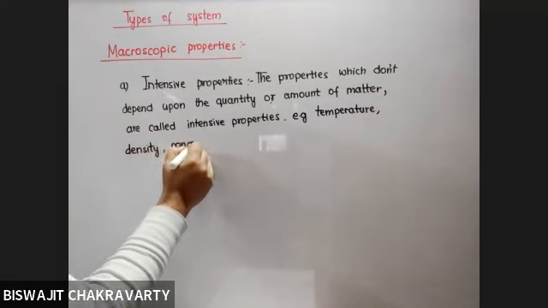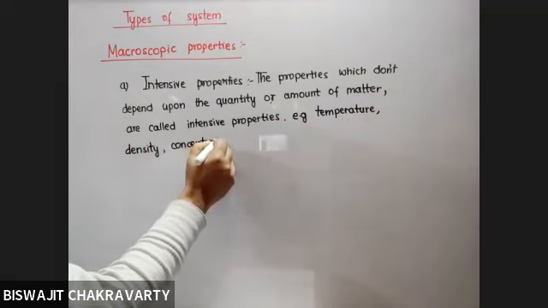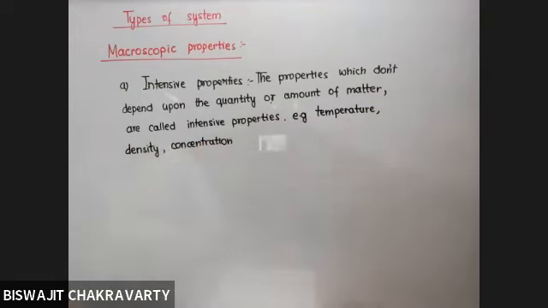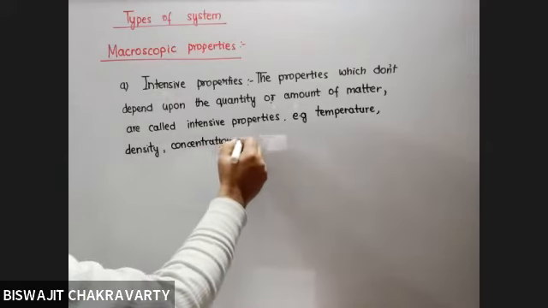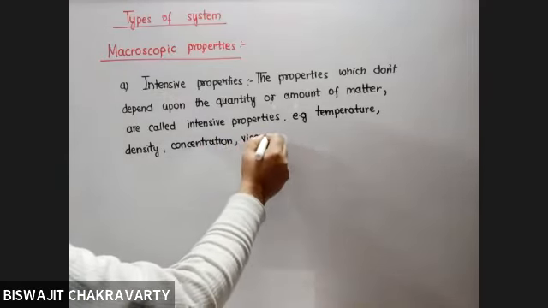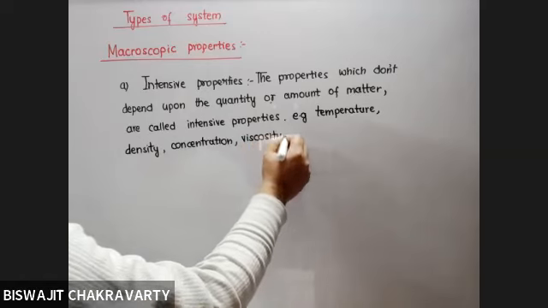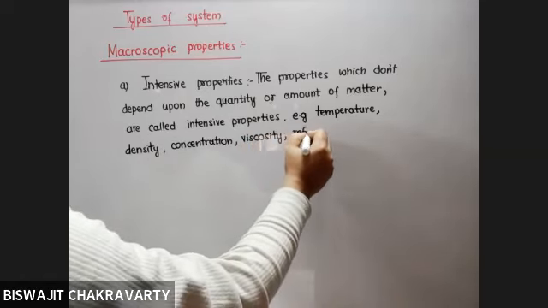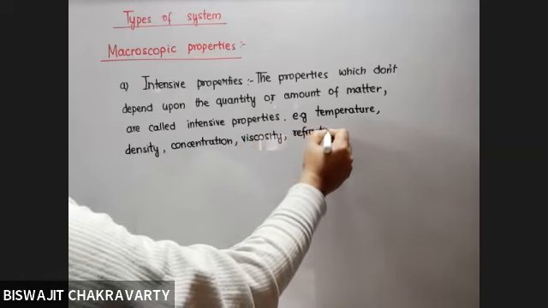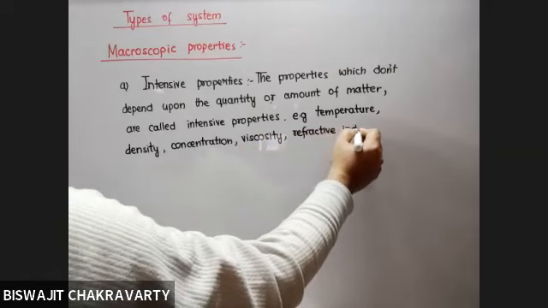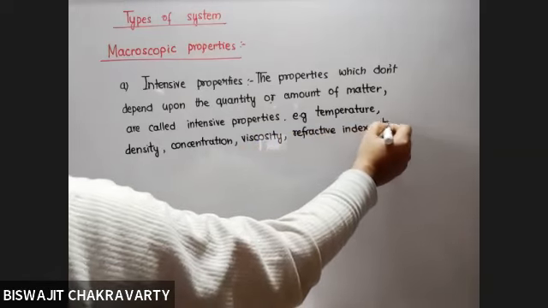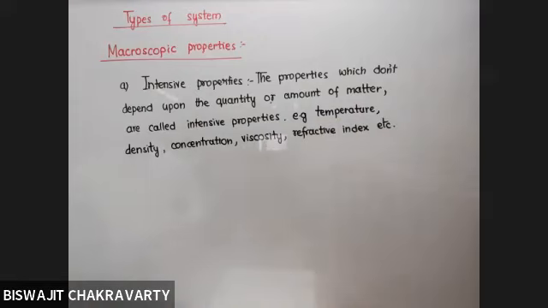Concentration. Viscosity. Refractive index. So all these properties you will see are independent of the amount of the substance.